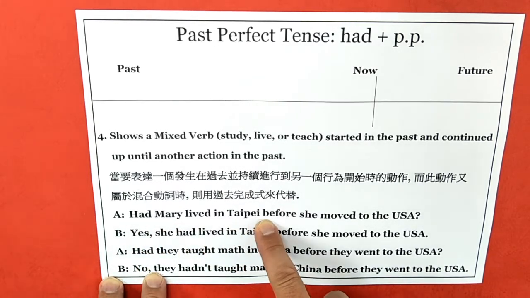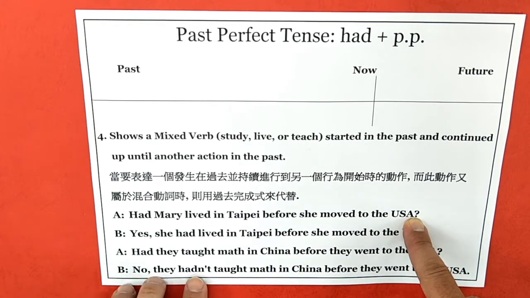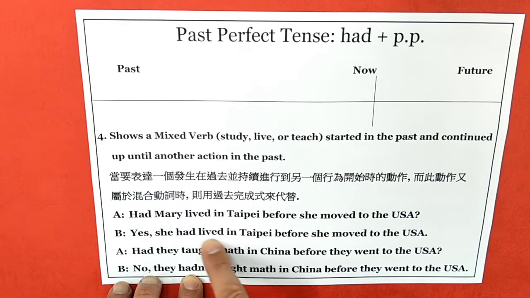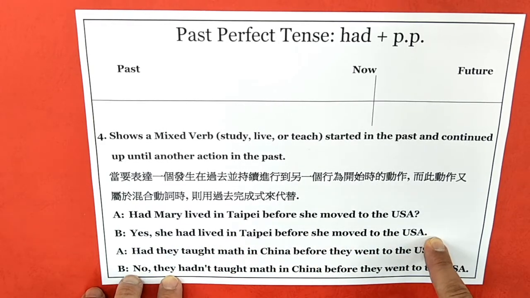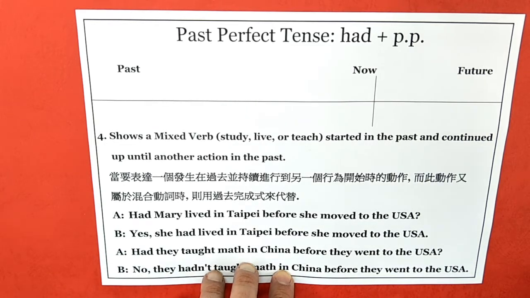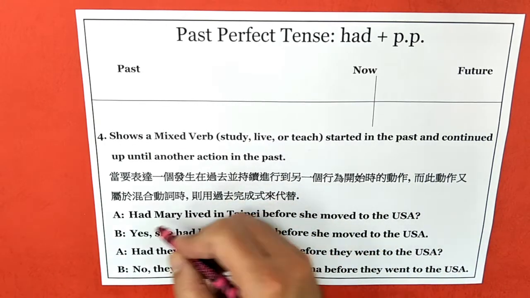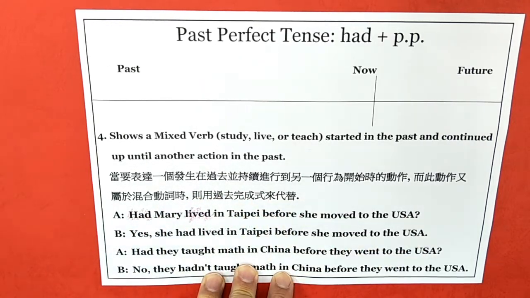Had Mary lived in Taipei before she moved to the U.S.? Okay? Yes, she had lived in Taipei before she moved to the U.S. All right, so here's the first action. Living in Taipei.